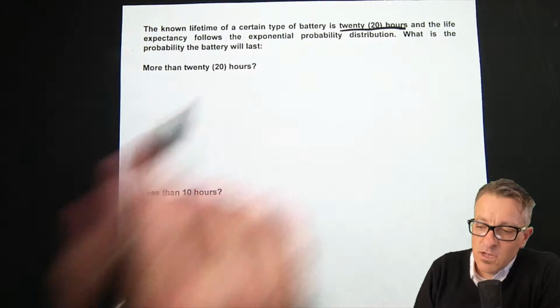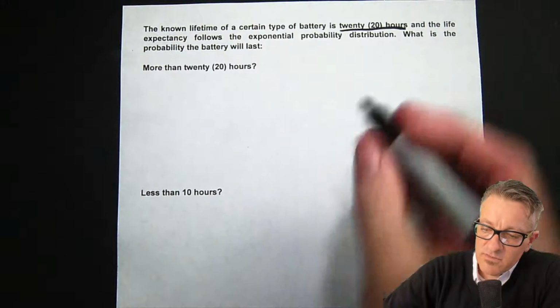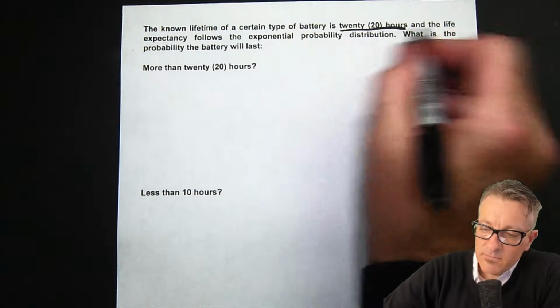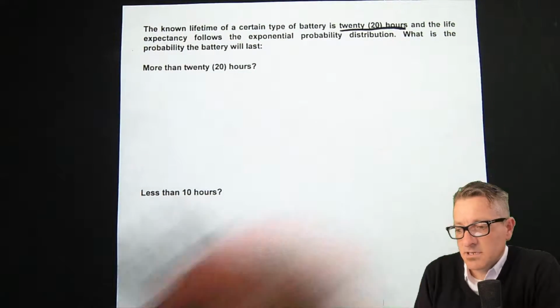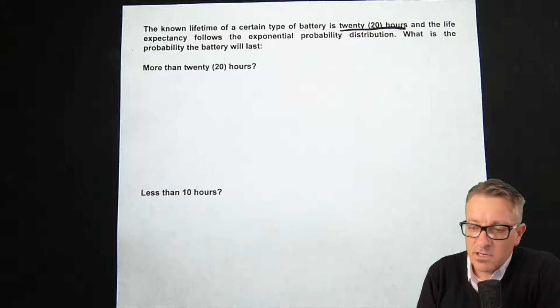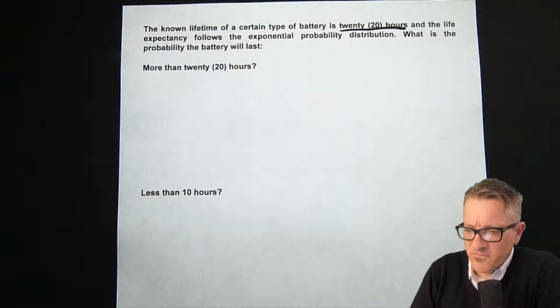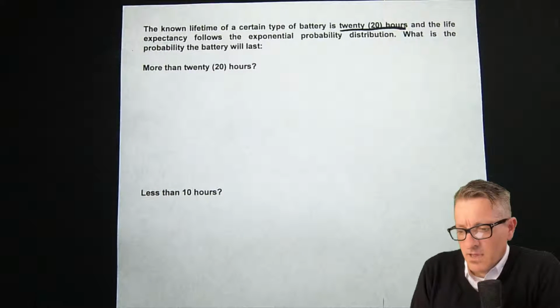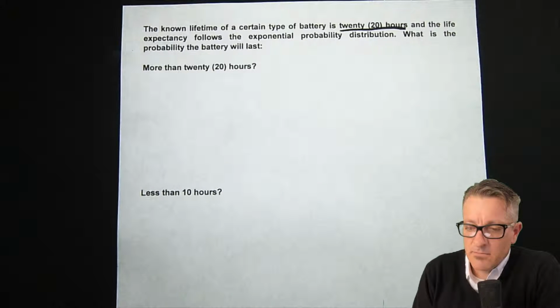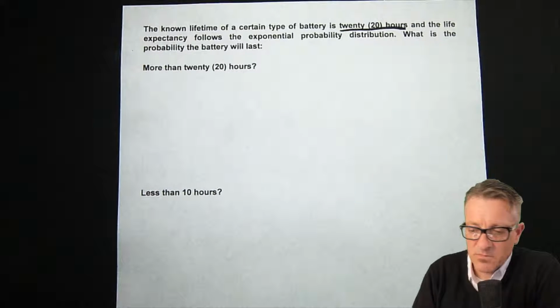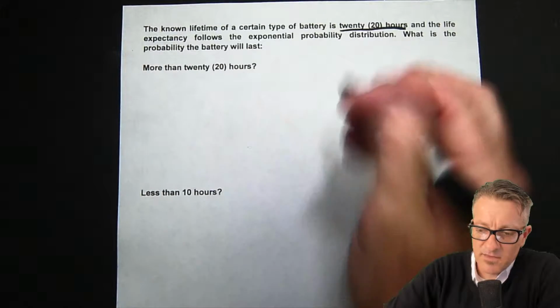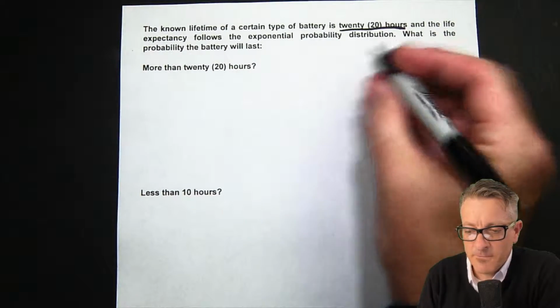So you would break down the lambda into a per-hour unit, which is like 0.05, I believe. They multiply it by 20, and your answer is going to be 1. And that's just the part that's in the exponential distribution.